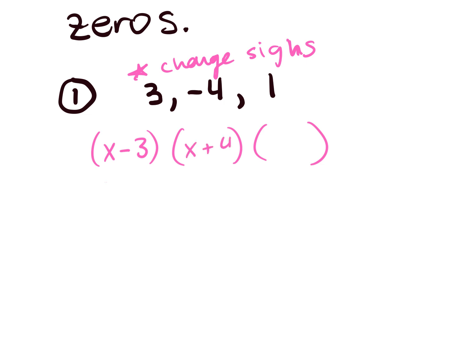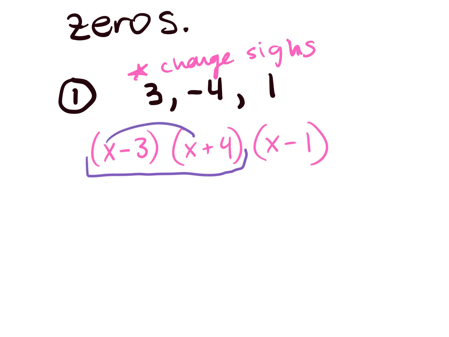X plus 4. And then lastly, we have x minus 1. Now again, going backwards. What do you think I have to do next? FOIL, yes. So to FOIL, I'm going to just FOIL the first 2. So just 2 at a time.